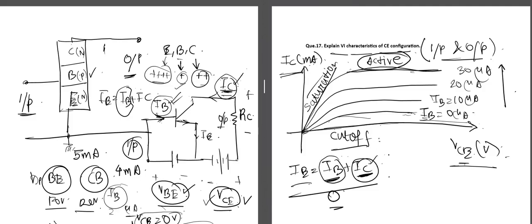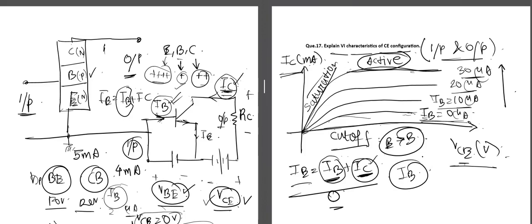But when the value of the base current is increasing, which signifies what? This signifies that more and more electrons are flowing from the emitter terminal to the base terminal, for which recombination is occurring. And as the recombination occurs, recombination current is generated, which is the base current.